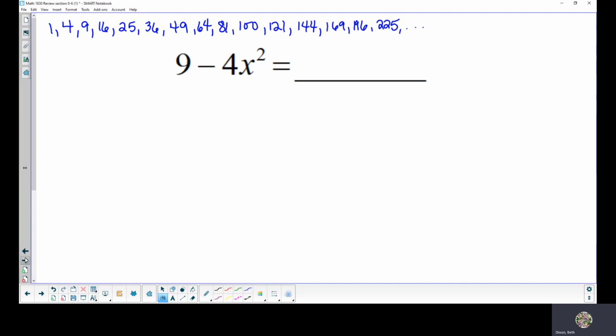So how do we factor this? Well, we put our 2 parentheses, and then we put 9. Well, 9 would be 3 times 3. 4 would be 2x times 2x. And they have to be identical except for the signs. Because it's a minus, I need a minus and a plus. The first terms work, 3 times 3, which would be 9.